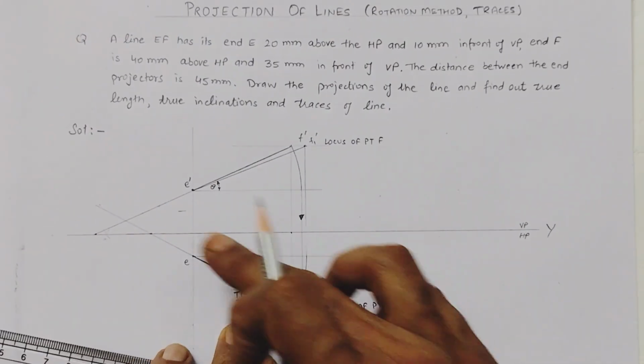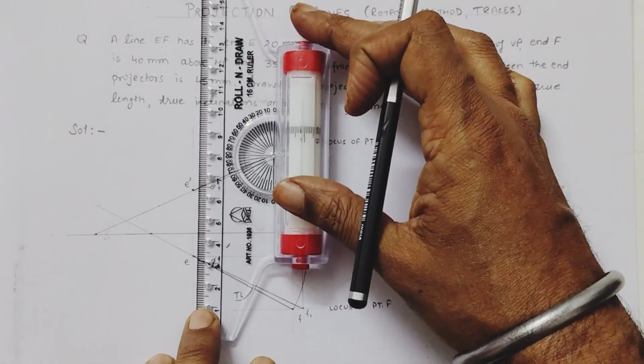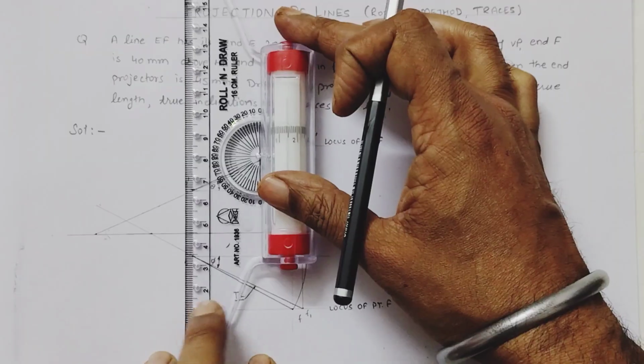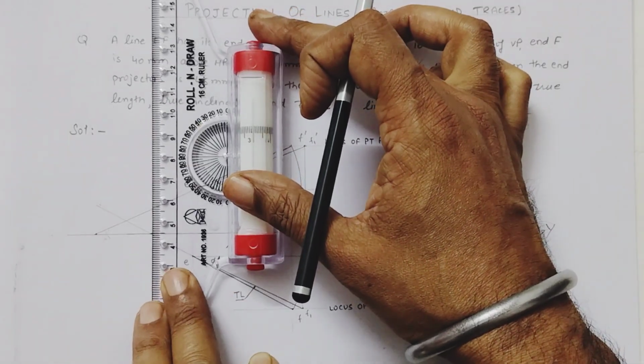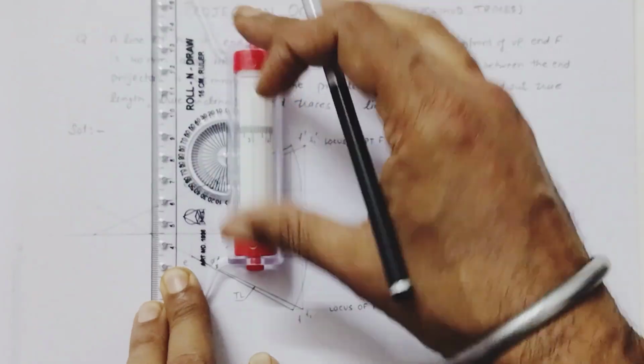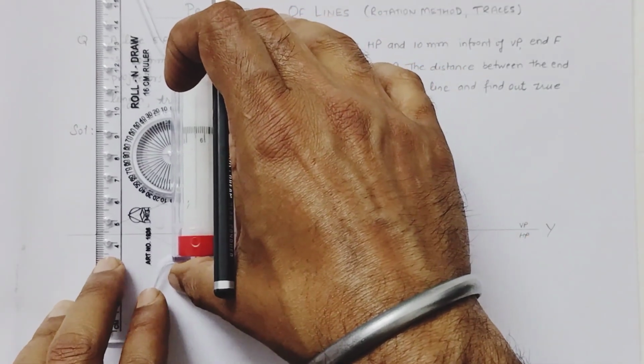Now we have to draw projectors through these intersections, the intersection of the reference line and this projection. We just draw a perpendicular here, similarly to this point.